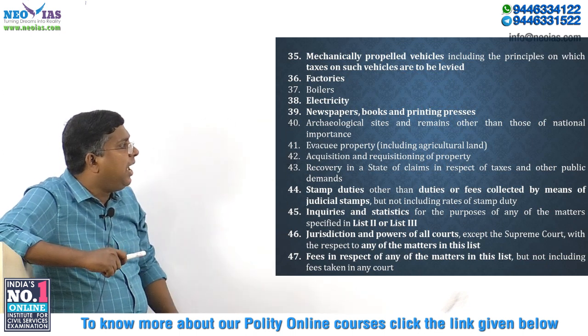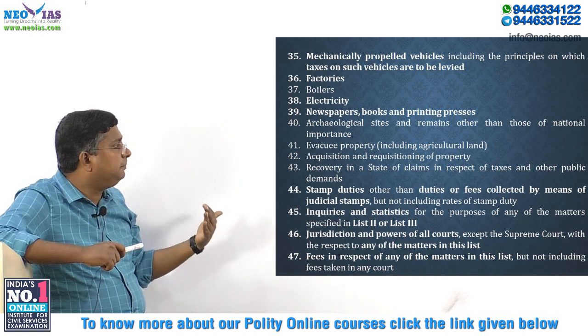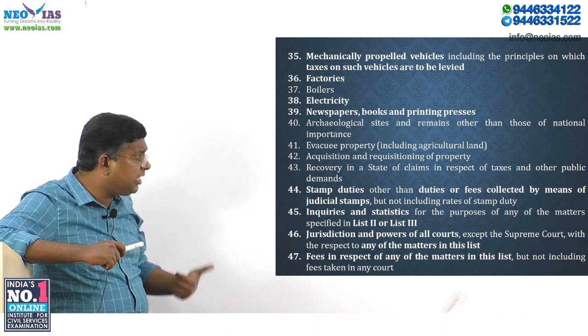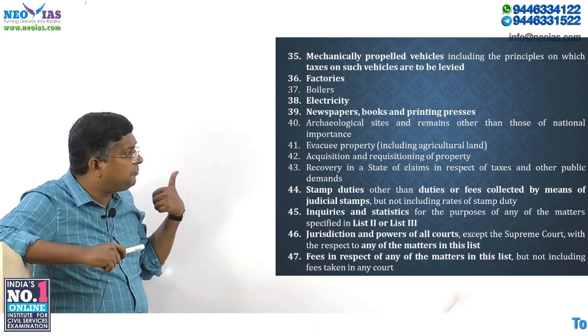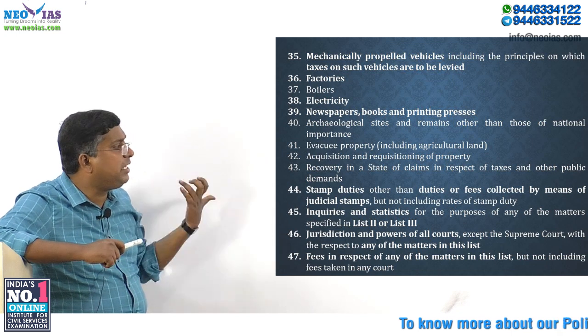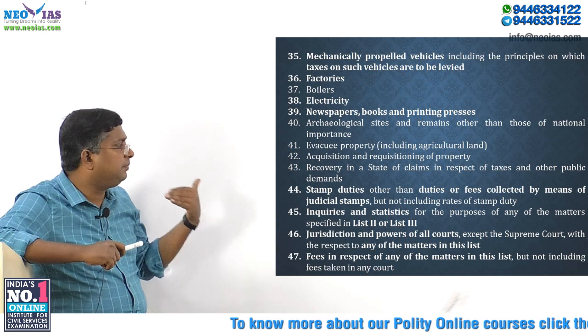Archaeological sites and remains other than those of national importance. Vacuum property, acquisition and requisition of property, recovery in a state of claims in respect of taxes and other public demands, stamp duties other than duties or fees collected by means of judicial stamps.